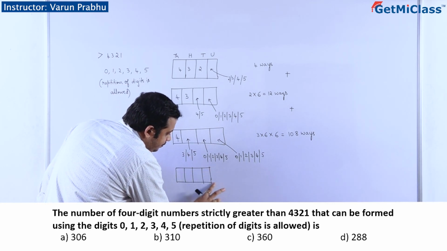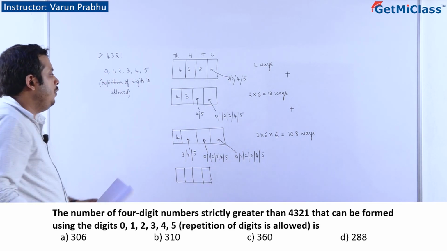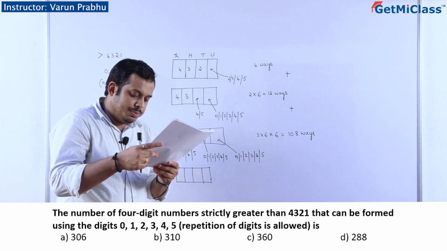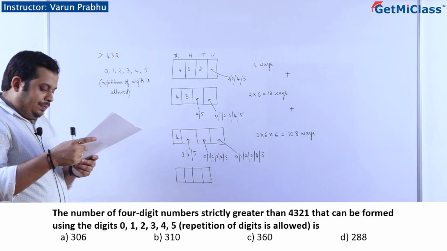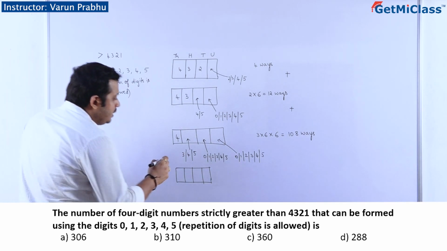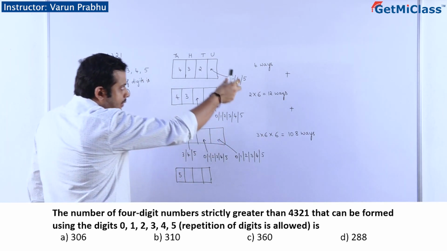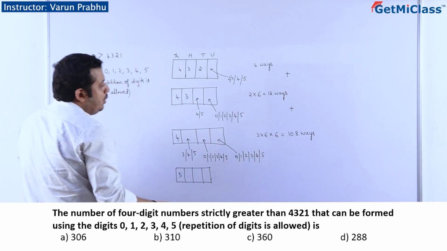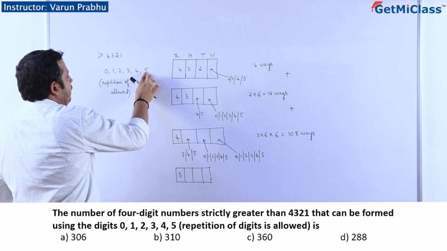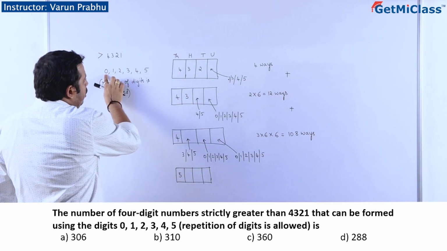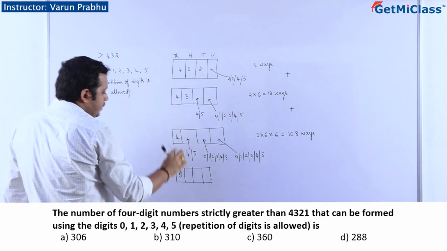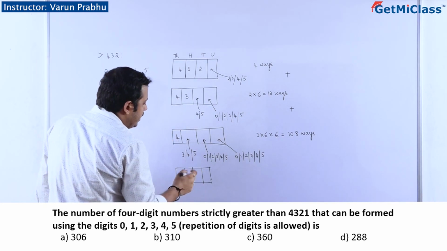If you look at the options there, the answers are kept in the form of this number only. It's not kept as a factorial. So this is 5. Here this can be occupied in 5. See, if this is 5, then all numbers are greater, right?